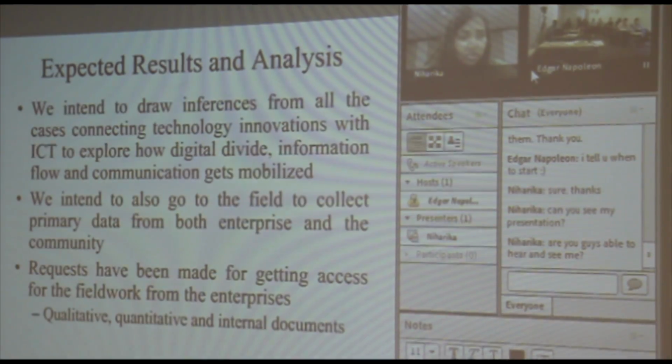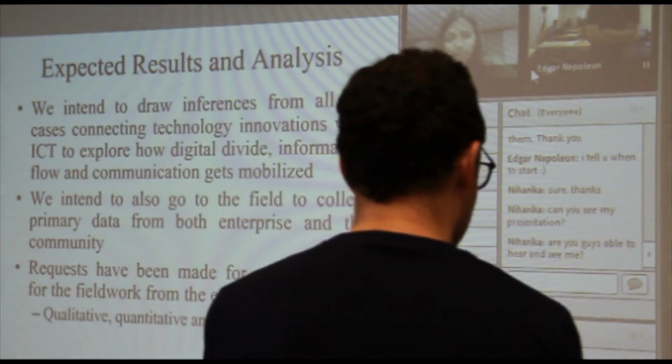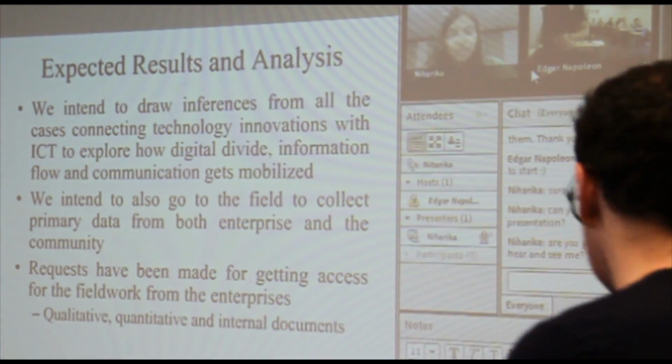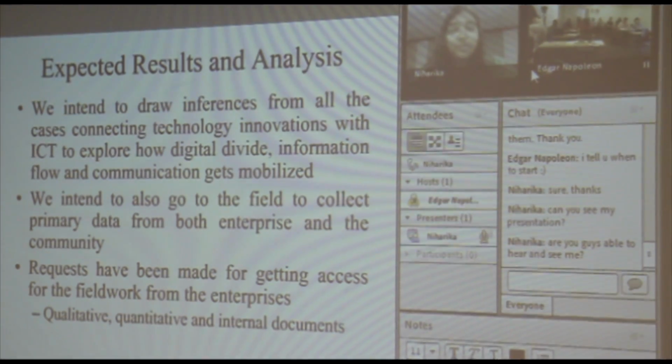I move on to the last few slides of my presentation. Right now we are in the process of connecting to the enterprises to get data from them. That is going to be the primary data.